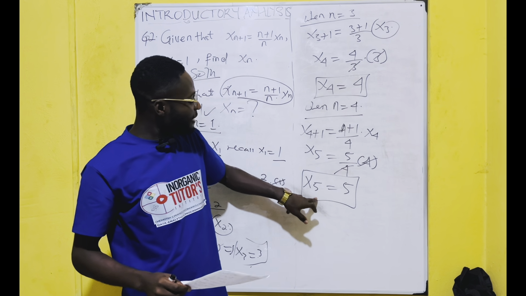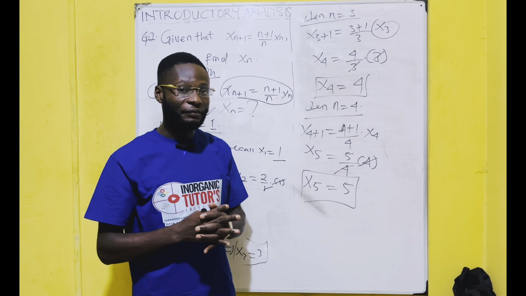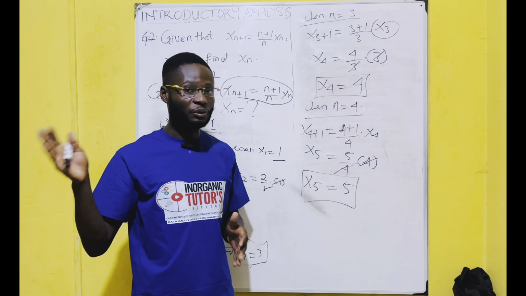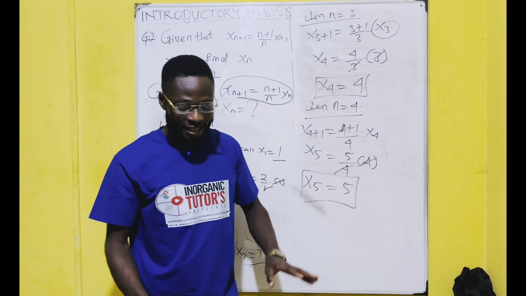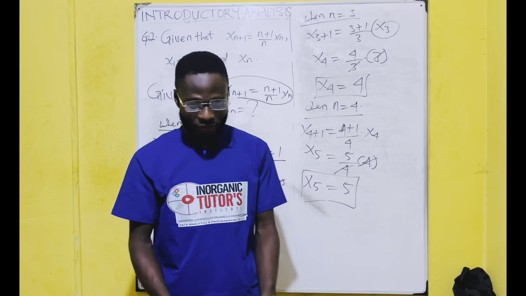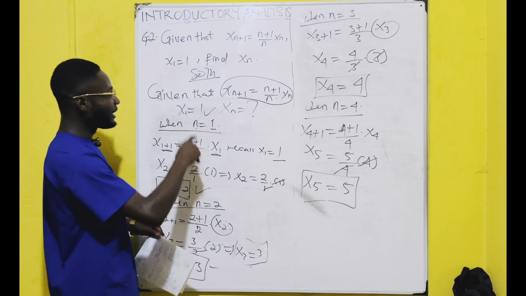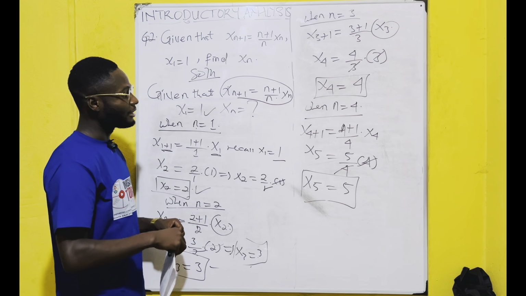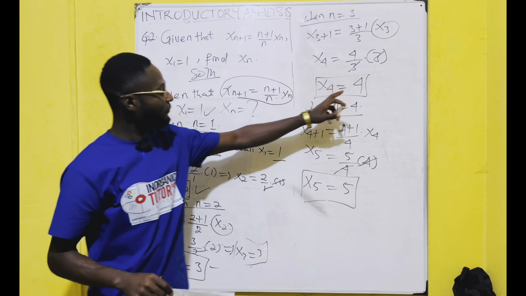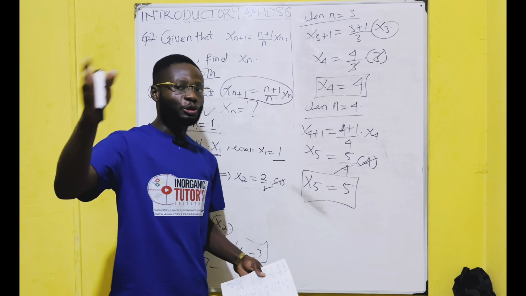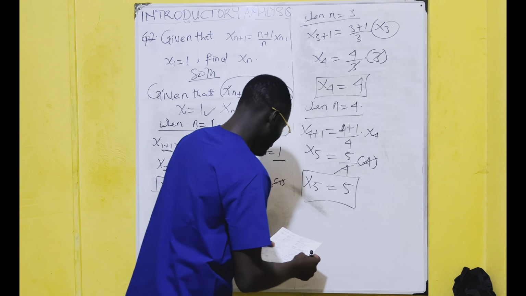Now, since we have been able to find x5, we can end it there, because if we decide to do it, we can do it up to infinity. So we end it at s5, then we can say that our Sn is equal to, we start from where they give us S1 to be 1. So Sn is equal to 1, 2, 3, 4, 5, up to infinity. So we bring 3 dots at the end.